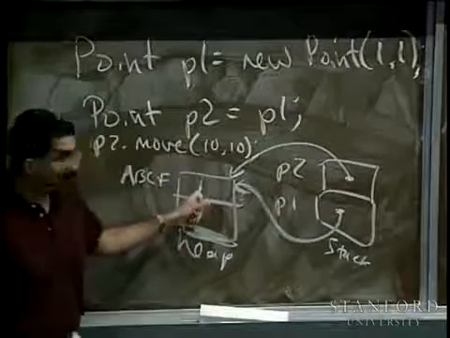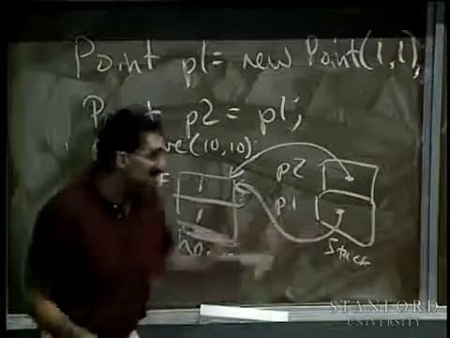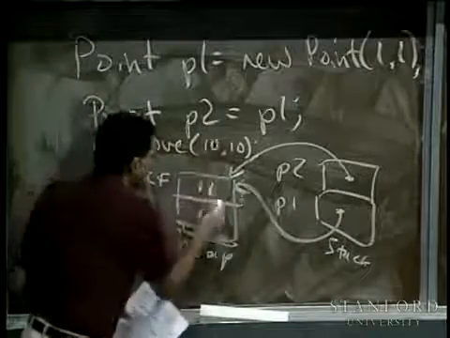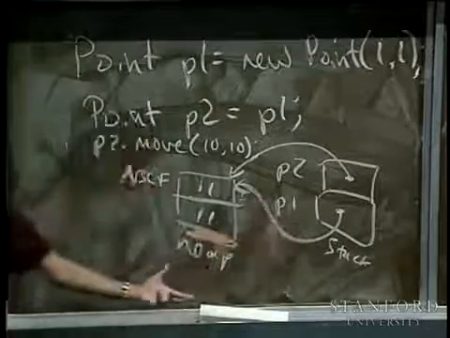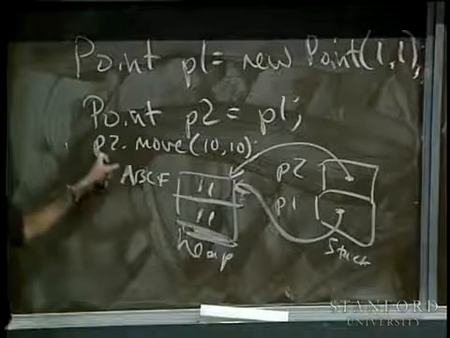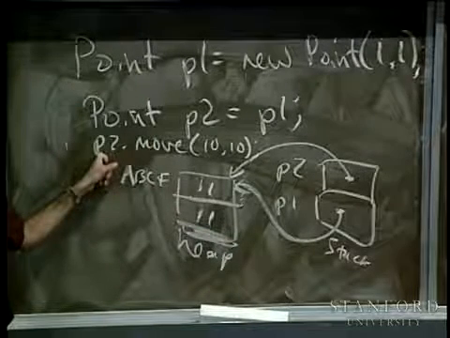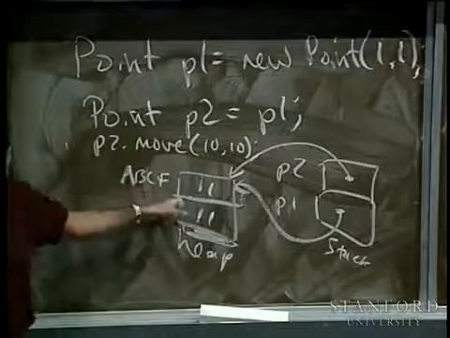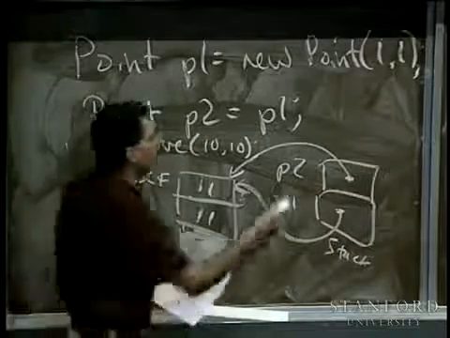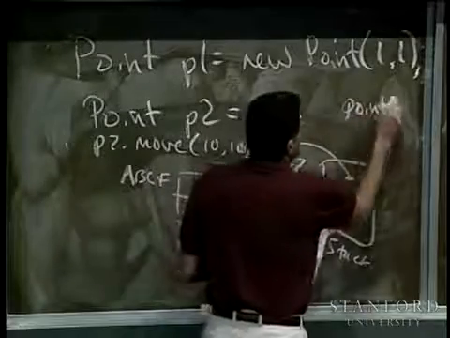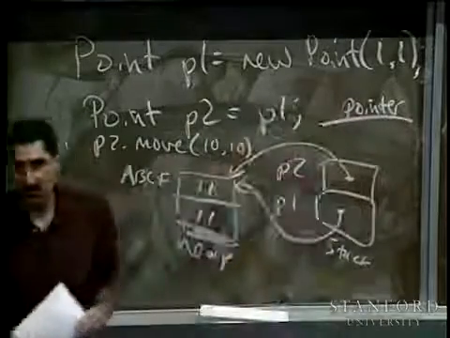It's pointing to the same place p1 is, and it moves it by 10, 10, so I get 11, 11. And you might say, but Maron, you just changed p1 without ever referring to p1. Yes: if you have two objects pointing to the same place because you set them equal to each other, what you've done is set their pointers, not created copies of objects.